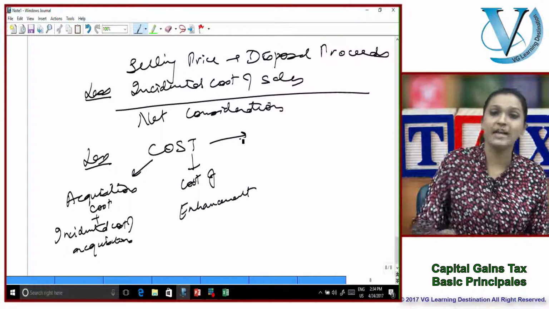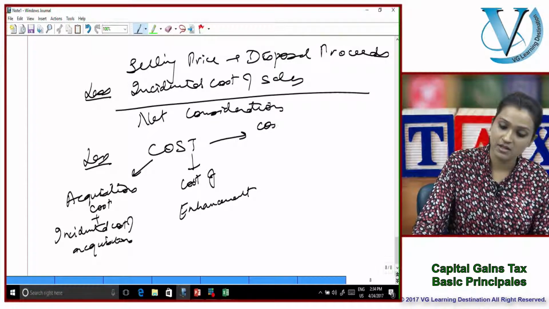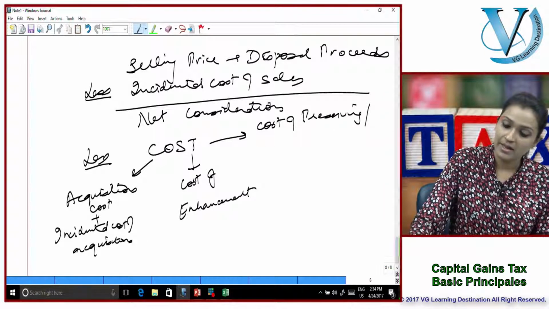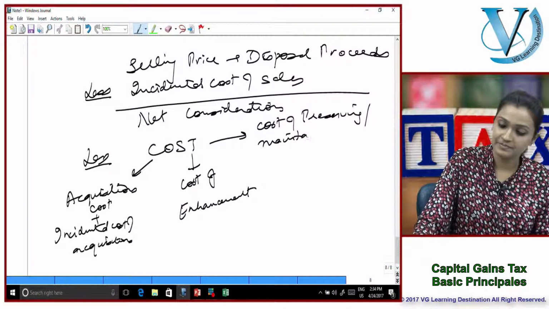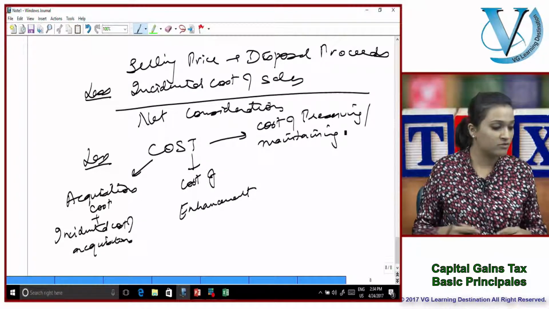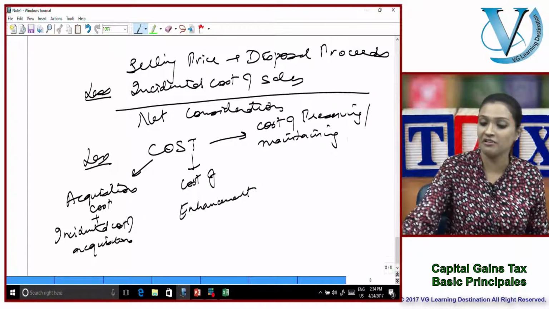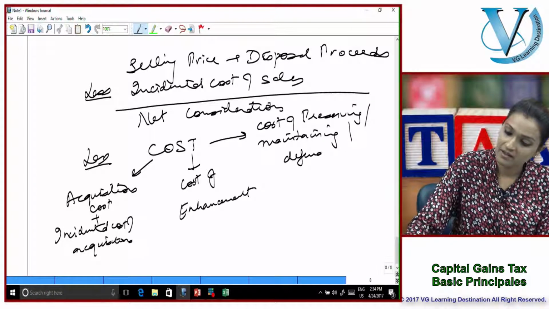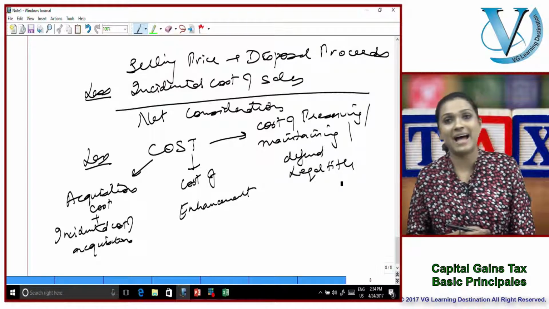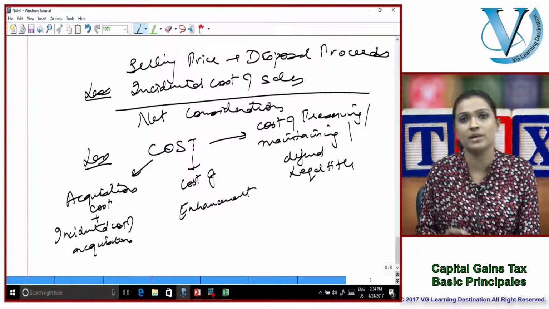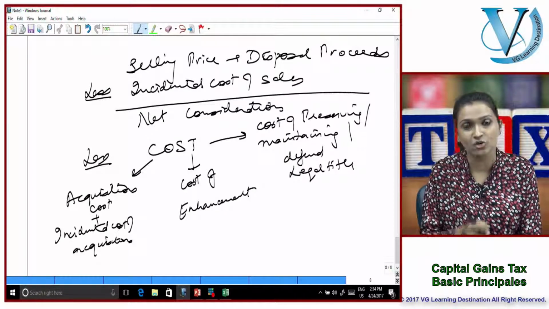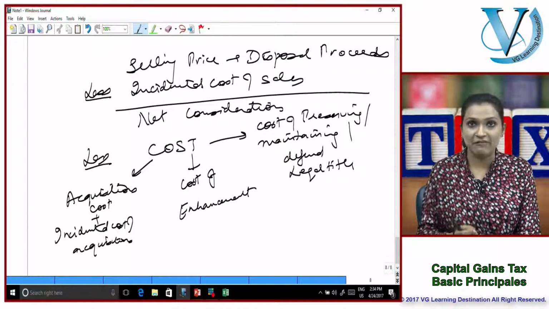Also, you need to include any cost of preserving, maintaining, or defending the legal title to the particular asset. So any cost which you had to incur in order to prevent, in order to defend your legal title to the particular chargeable asset, definitely it is what?